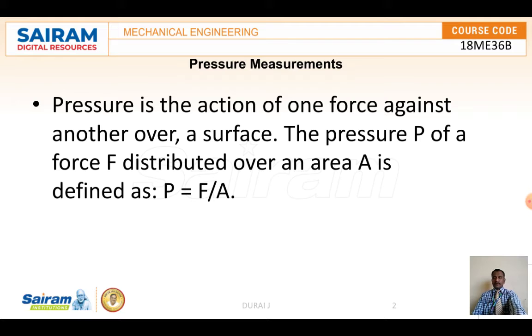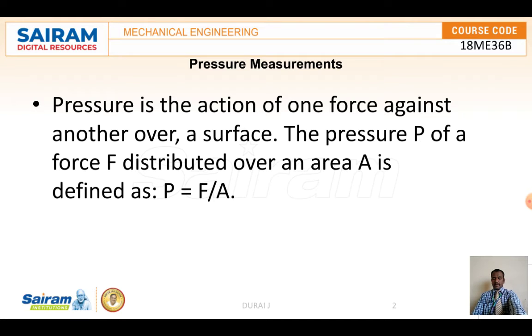So pressure is the action of one force against another over a surface. The pressure P of a force F distributed over an area A is defined as P is equal to F by A. Okay. So normally pressure we can measure with the unit Newton per meter square or Pascal.